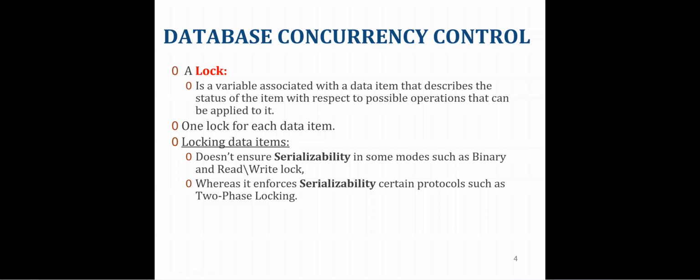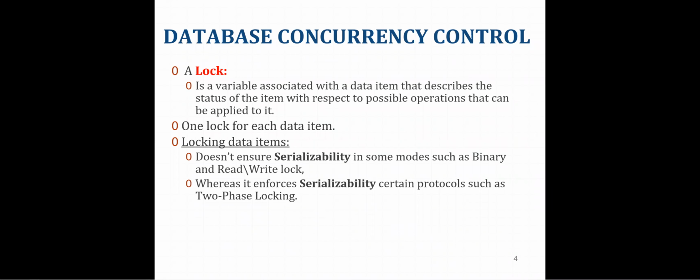A lock is a variable associated with a data item that describes the status of the item with respect to possible operations that can be applied to it. So now, when I'm talking about concurrency control, always keep in mind that there is a variable called lock that is associated with every data item that we have. For example, if I have the data item A, then I have a lock variable associated to it, in case it is locked or unlocked.